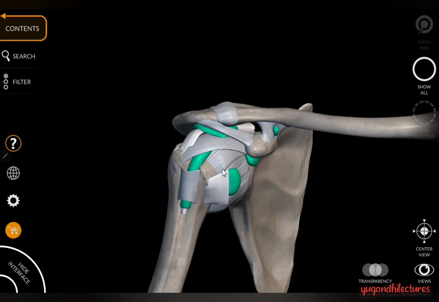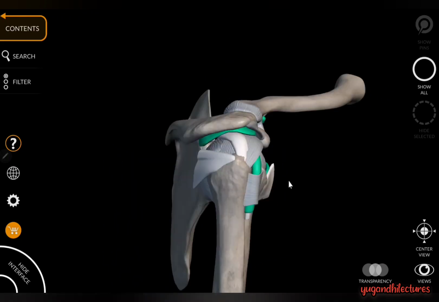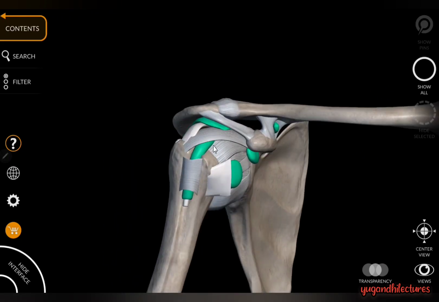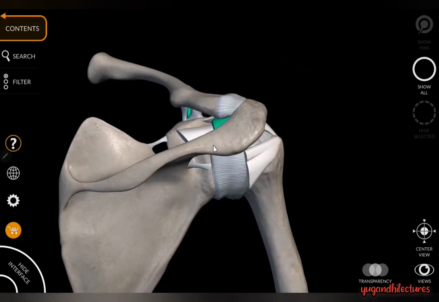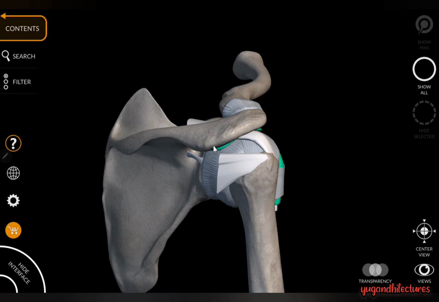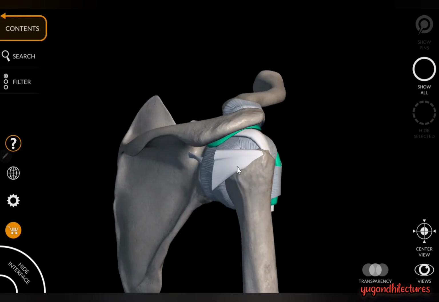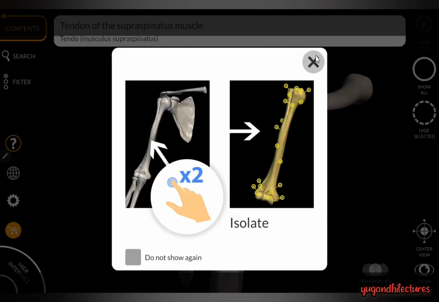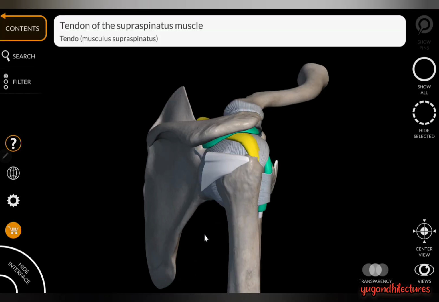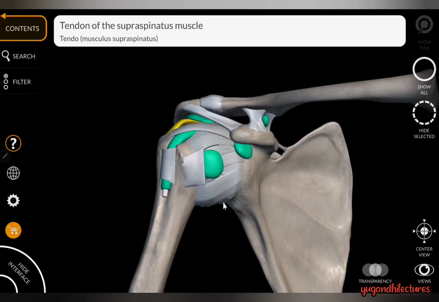Not only the coracohumeral ligament, but about all the ligaments of the shoulder joint, I would like to mention that all of those lie within the rotator cuff. The rotator cuff is a musculotendinous insertion of four muscles, namely the tendon of infraspinatus, tendon of supraspinatus, and tendon of teres minor, which is not shown here, and also the tendon of subscapularis.